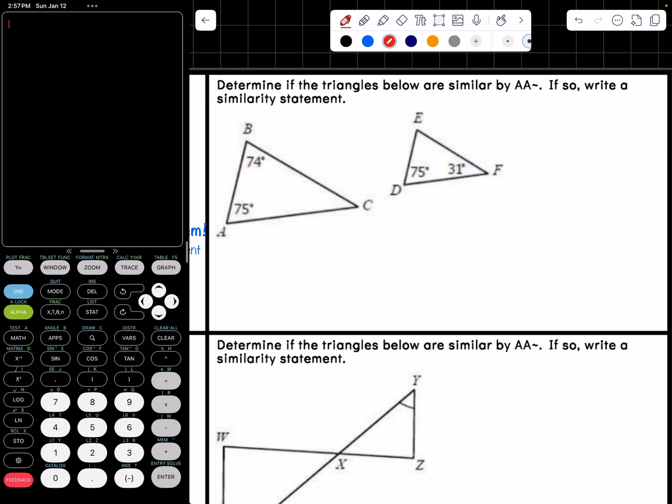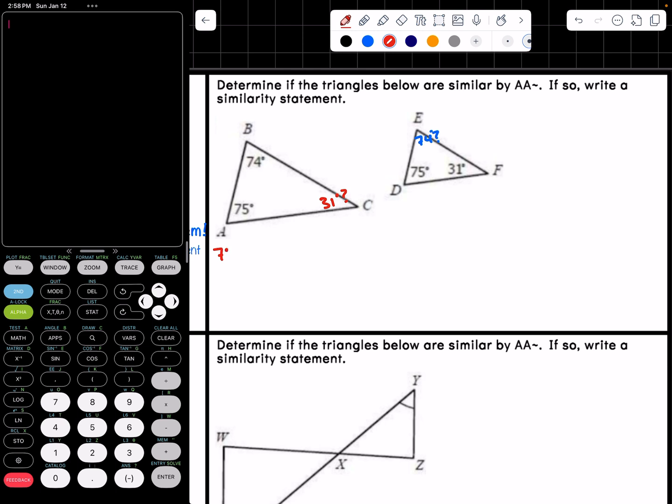So either C equals 31 or E equals 74. And I'll go ahead and use blue here. If either one of those works, then it's going to be similar. But if they don't, then it might not. So let's go on ahead. I'm going to do both just so that we can double check our work.